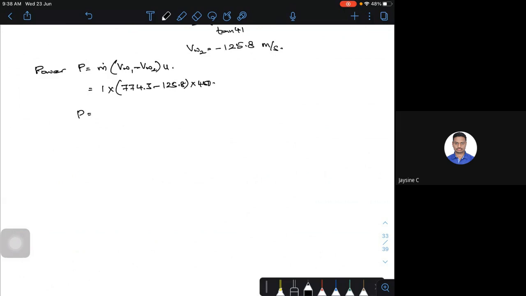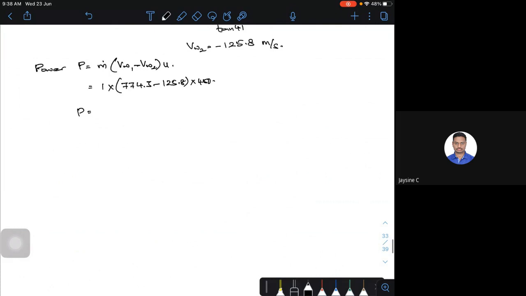So this is your power, into 450 divided by 1000. So it is 291.82 kilowatts.